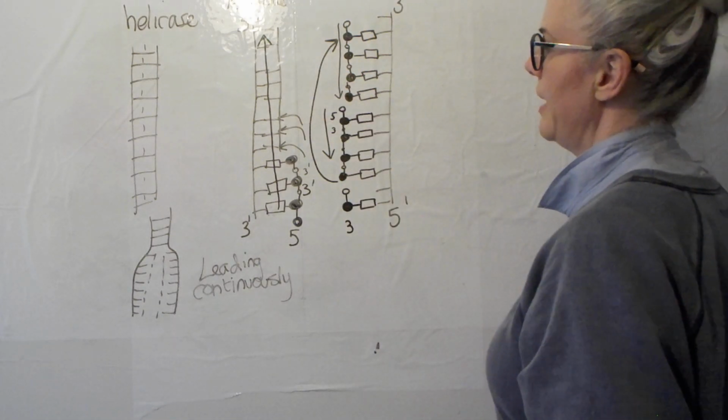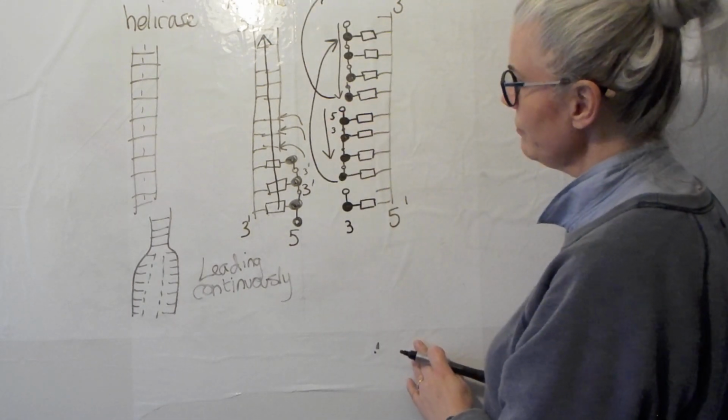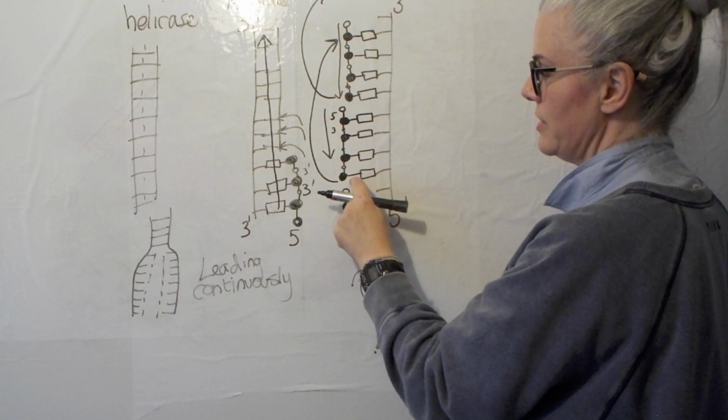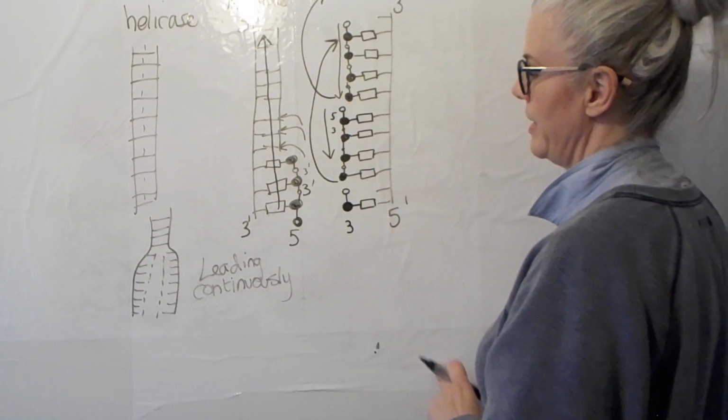Okay. Now, when it gets to this end, it'll jump ahead again. Now the DNA polymerase has done each of these reactions as it's gone in this direction. Jumped up, done each of these reactions as it's gone in that direction.